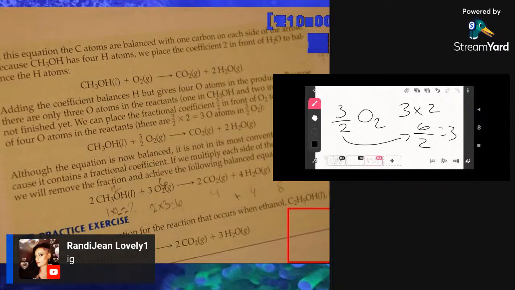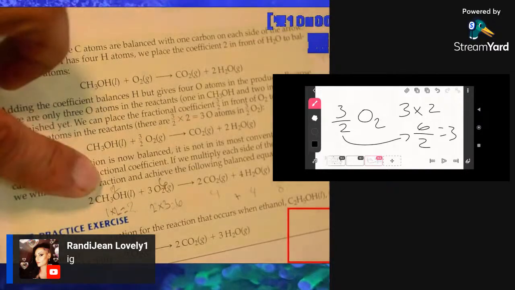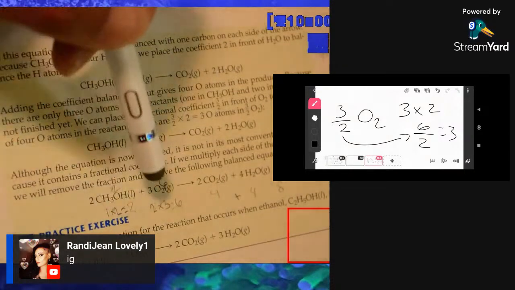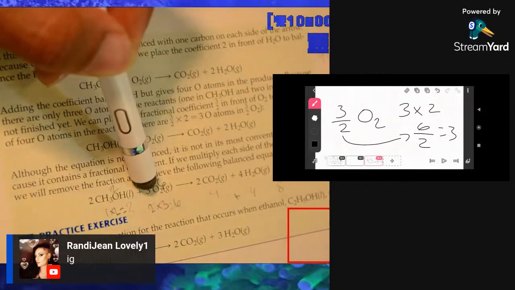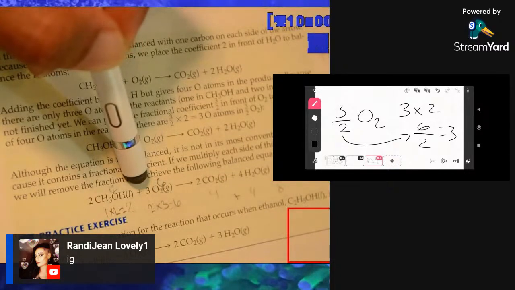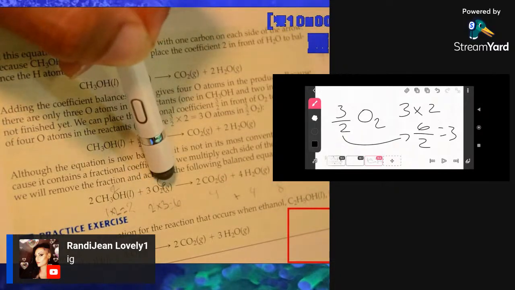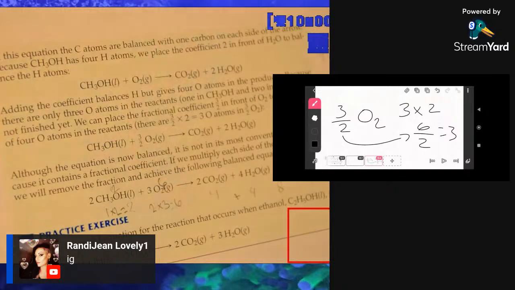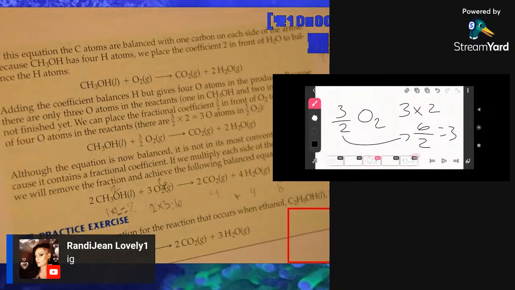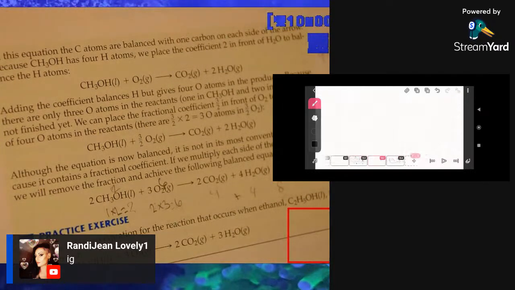Okay, you see that? All right. So that would explain how they got the 3 right here, the 3 on the oxygen right there. And when you get the 3, now it's going to give you a total of 6 oxygens on the left side. Okay. Bam.